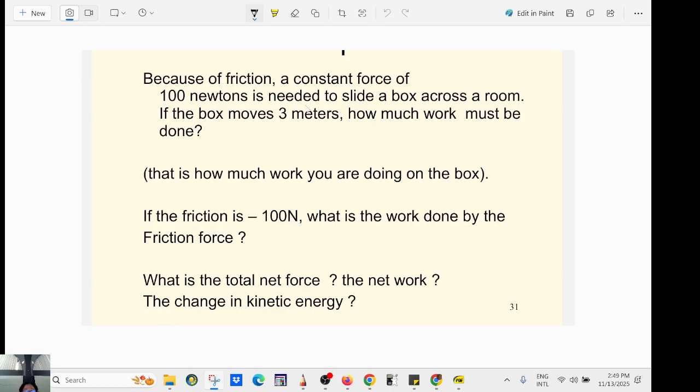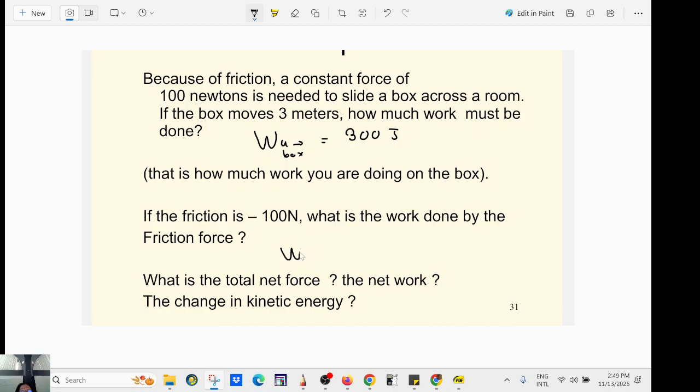So 100 Newtons is needed to slide the box across the room, and the box moves 3 meters. How much work must be done? And that's easy, right? So the work done will be, what? It's easy now. 300. Yes, very good. It's 300 joules, right?